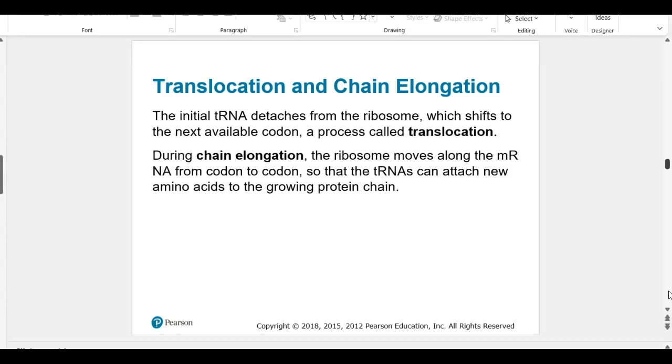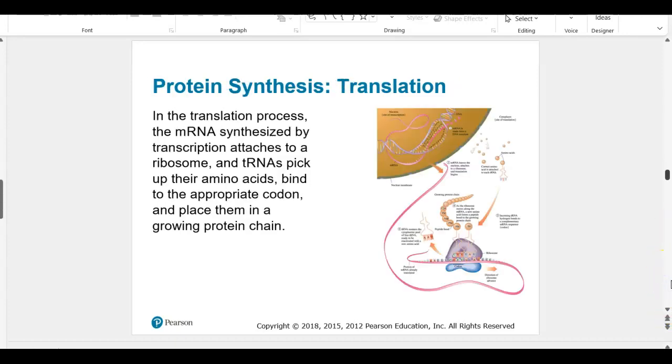And of course, some proteins are pretty large. Some have, I think, thousands of amino acid residues, so it's going to go on until it reaches a stop codon. Anyway, I'm going to go to the chain termination first.